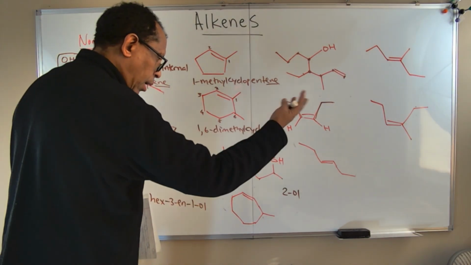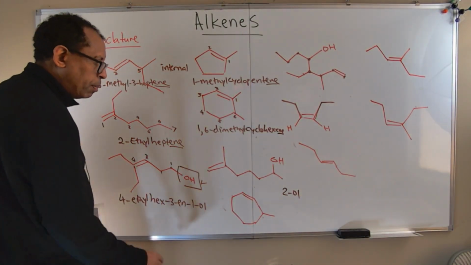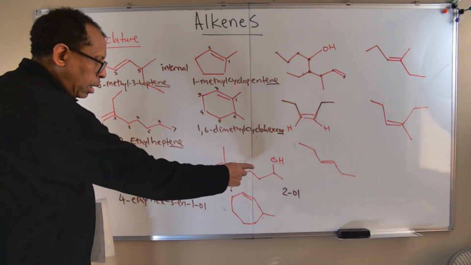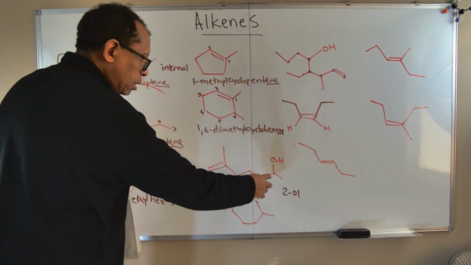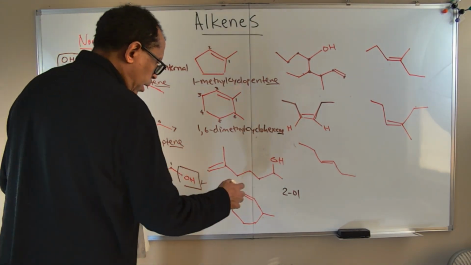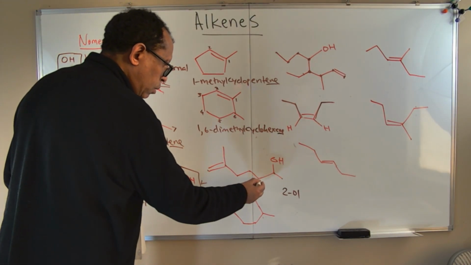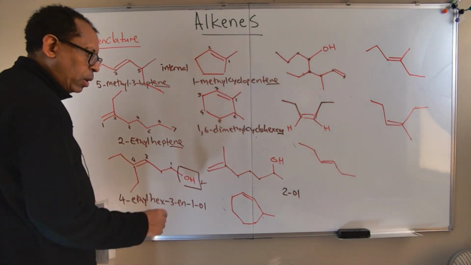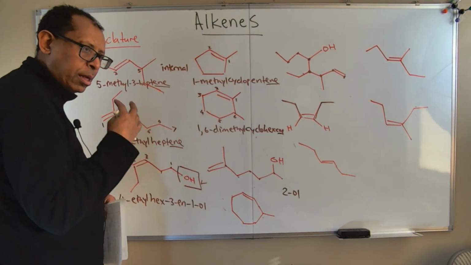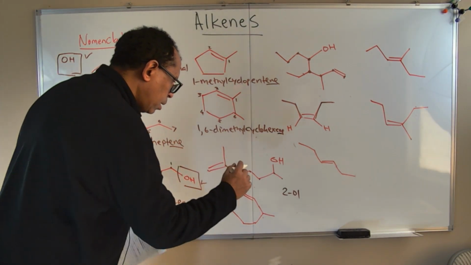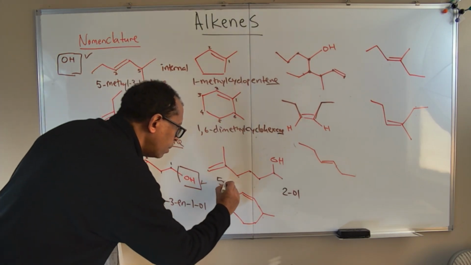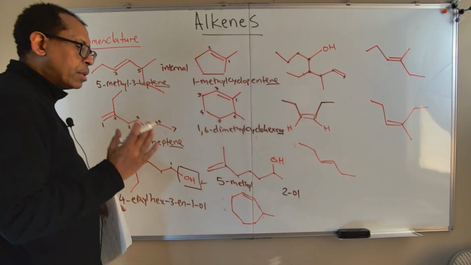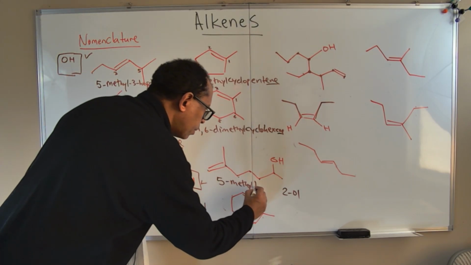So it should be mentioned last in the name because it's an alcohol compound, but it has an en and alcohol. So this is a hept, but the hept also has a double bond, 1, 2, 3, 4, 5. At 5 position I have methyl, and at 5 position I have the double bond as well. So this is named as 5-methyl.